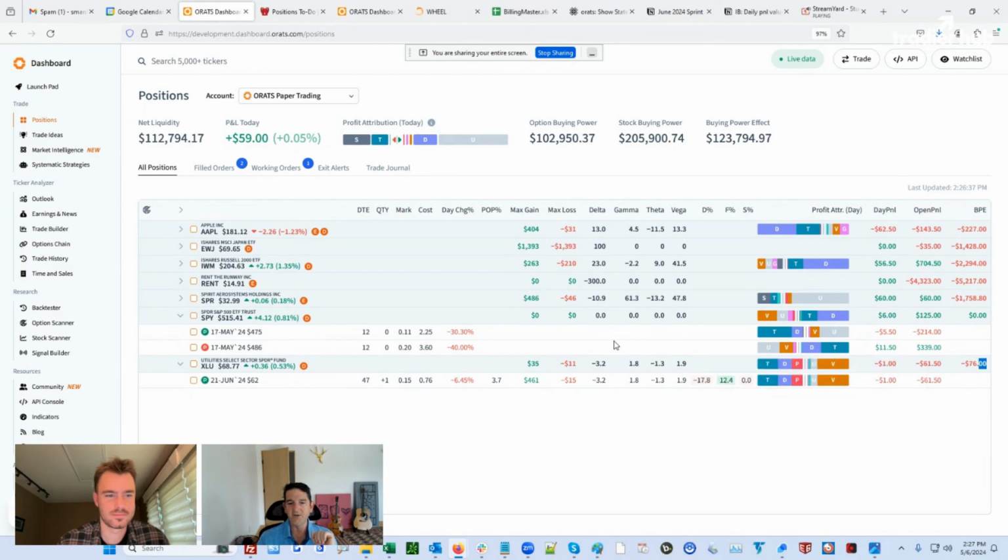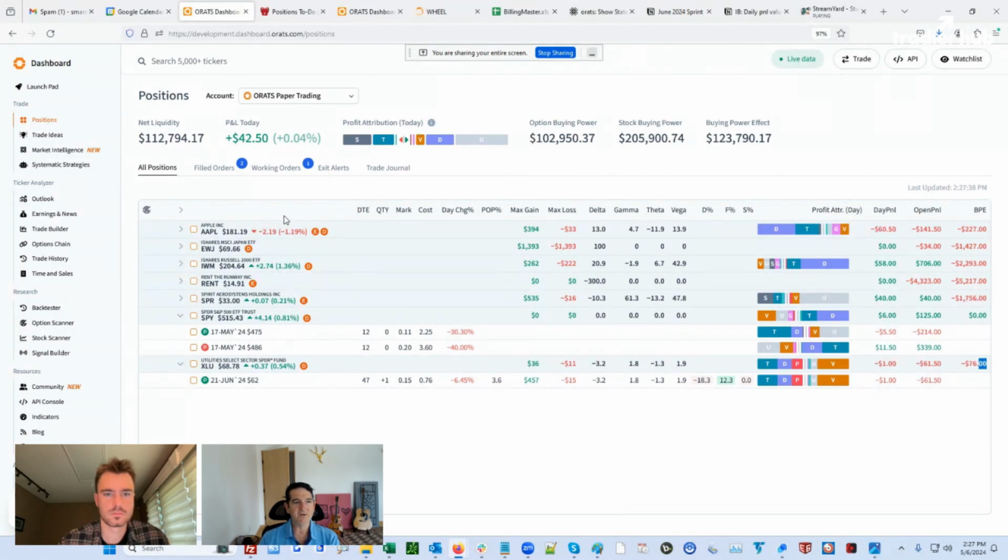These calculations are good to know, because buying power effect is how much they give you in order to trade. So we try to calculate that so you can see how much you have left to trade. So that wraps up, Tyler.